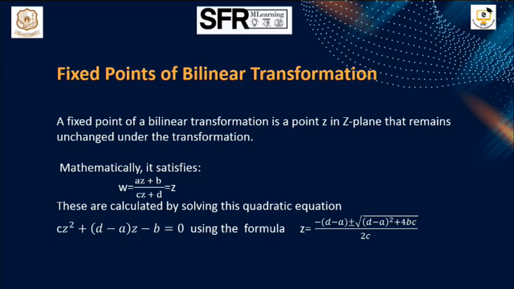These are calculated by solving the quadratic equation cz square plus (d minus a)z minus b equal to 0. Then we use the formula z equal to minus (d minus a) plus or minus root of (d minus a) whole square plus 4bc, divided by 2c.